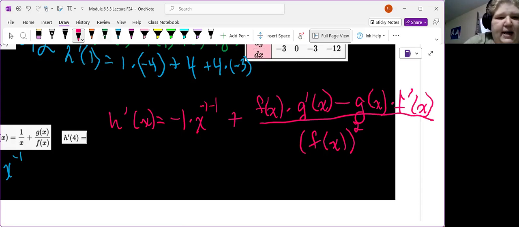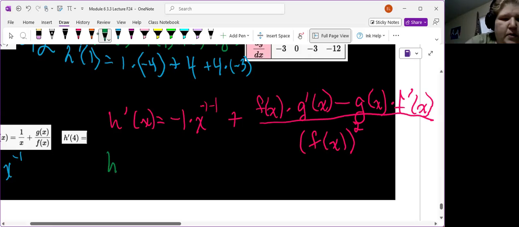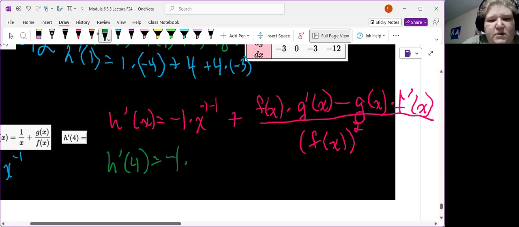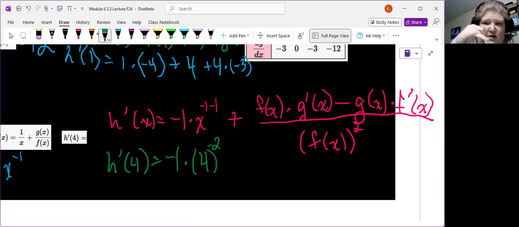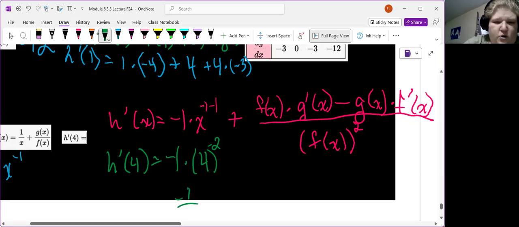All right, and now the number they want us to put everywhere is a 4. So h prime of 4. We have -1 times 4 to the -2. So that'll end up going in the denominator, 1 over 4 squared, which is 1/16, times the -1 will be -1/16. So I'll just go ahead and write that result here.